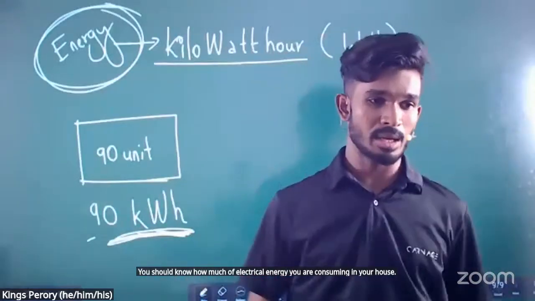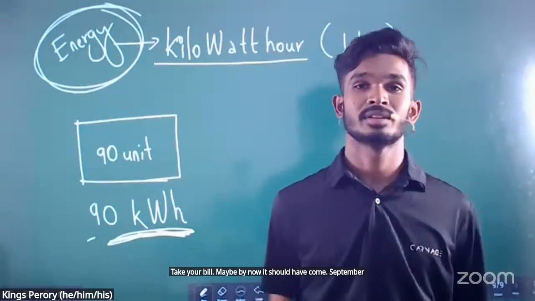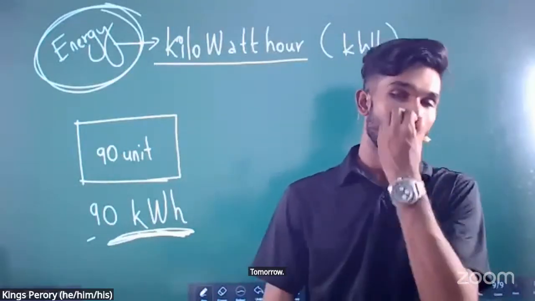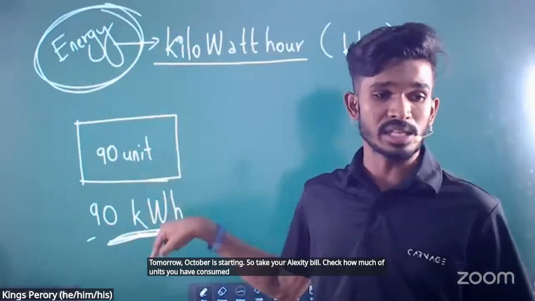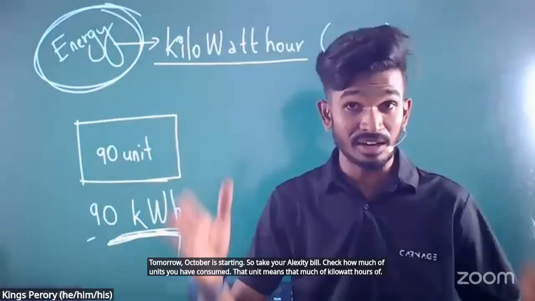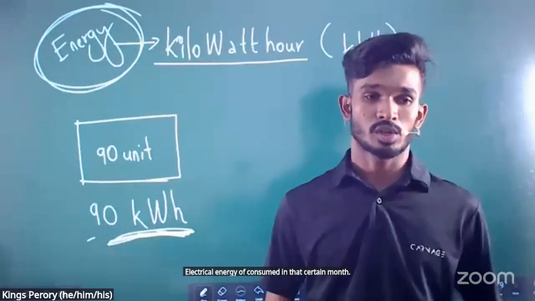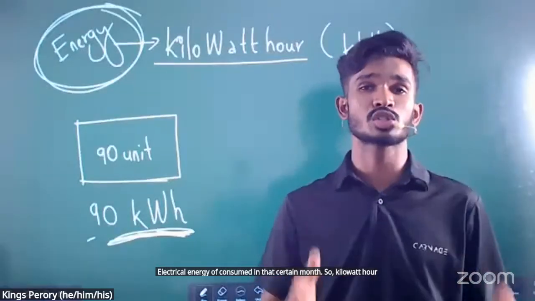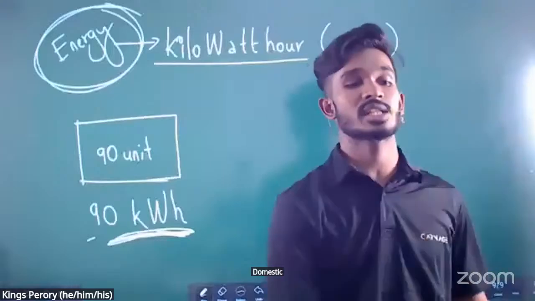Maybe by now it should have come. September is over now. Tomorrow October is starting. So check your electricity bill. Check how many units you have consumed. That unit means that many kilowatt hours of electrical energy you have consumed in that month. So kilowatt hour is a unit used to measure domestic electric energy consumption.